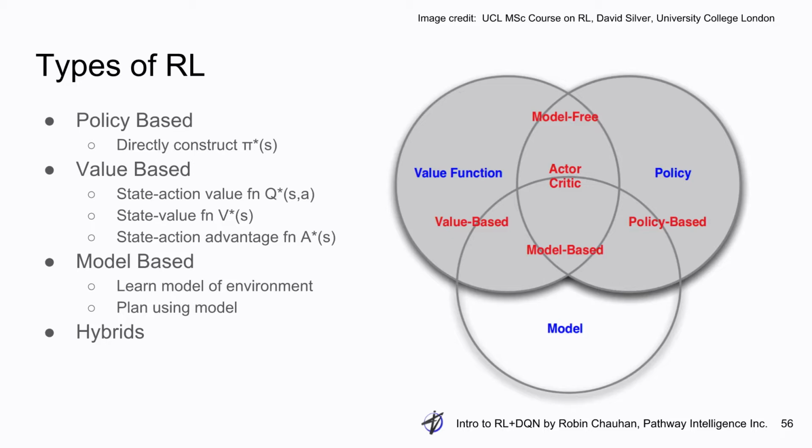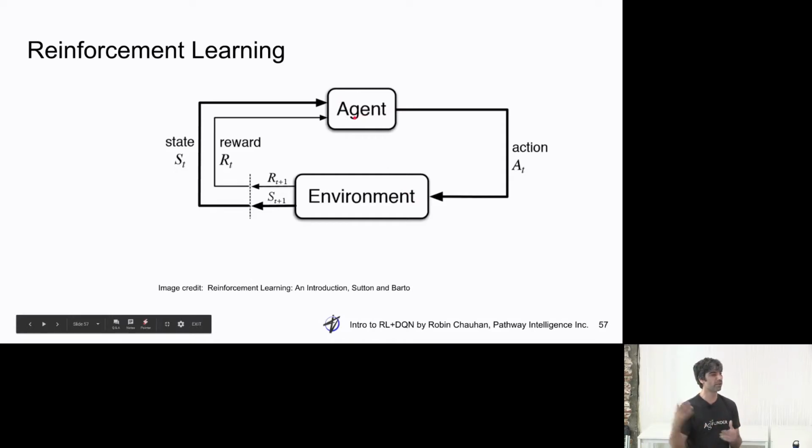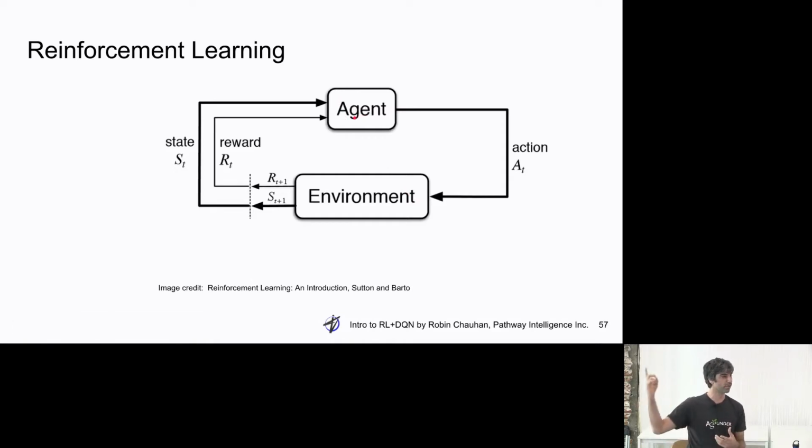Yeah, sure. So the actor is the part of it that chooses an action, that decides what action to take. If we look at it here and make it a little more clear, this is the canonical clock cycle of reinforcement learning.